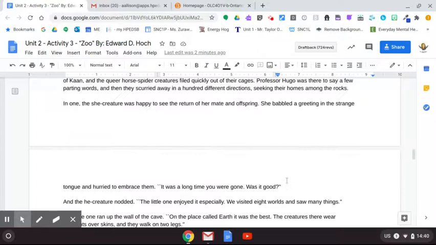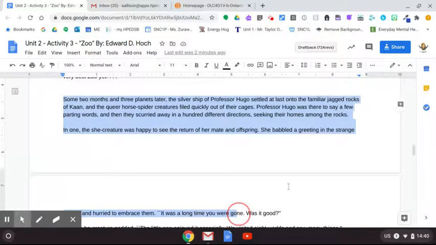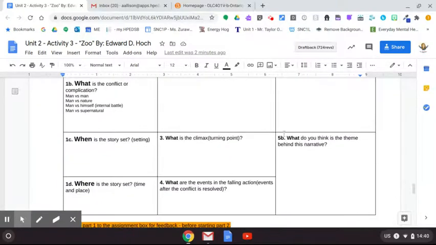So the interesting part of this story happens, I think, at the end. So the conflict's resolved. The people of Earth have actually seen the zoo. But what ends up happening? And what's the theme behind this narrative? So the people of Khan actually think they're paying to go see a zoo, and they're visiting all the different worlds.